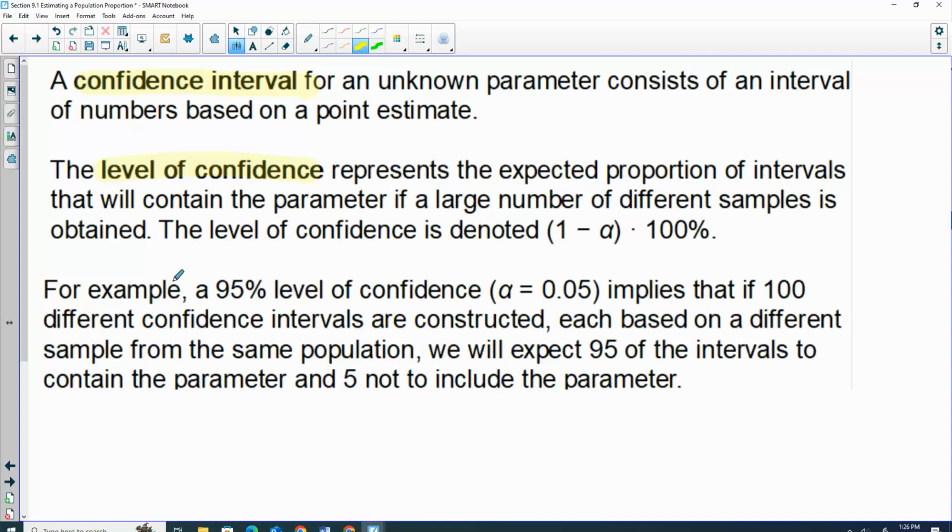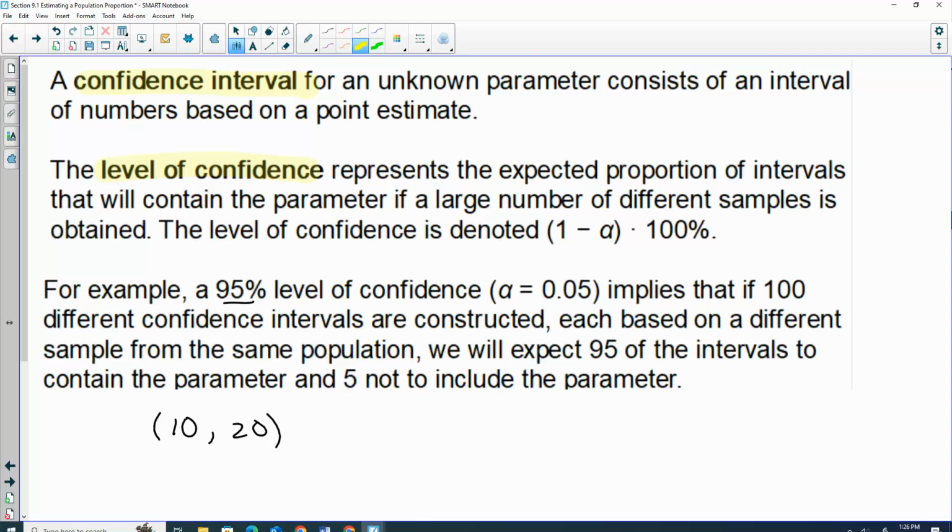Okay, that sounds really confusing, but if I said I am 95% confident that it falls between, let's just say, 10 and 20 for whatever my sample might be. What that's saying is if I went out and found 100 different samples, 95 of them would fall between 10 and 20.